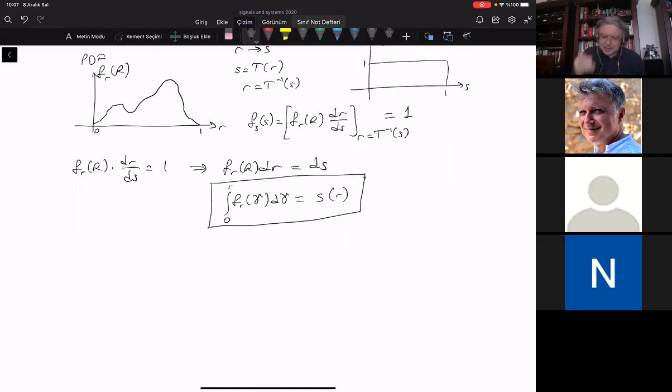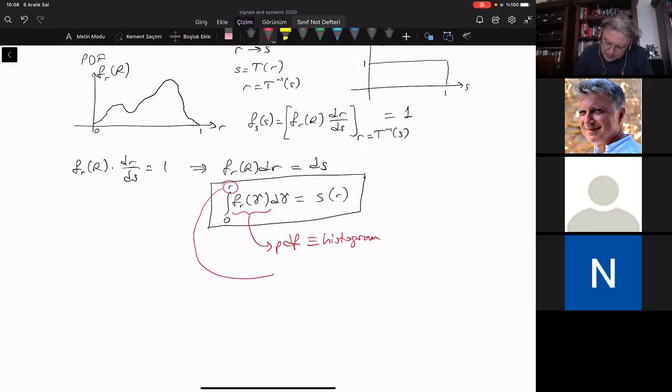And that mapping, as you see, is quite interesting because it is using the probability density function, or like it's using the histogram. So this is the PDF, which is equivalent to the histogram.